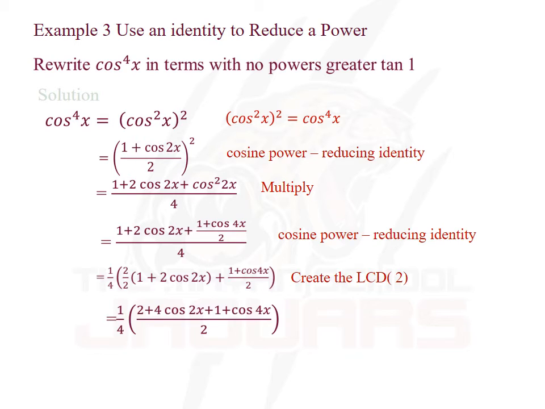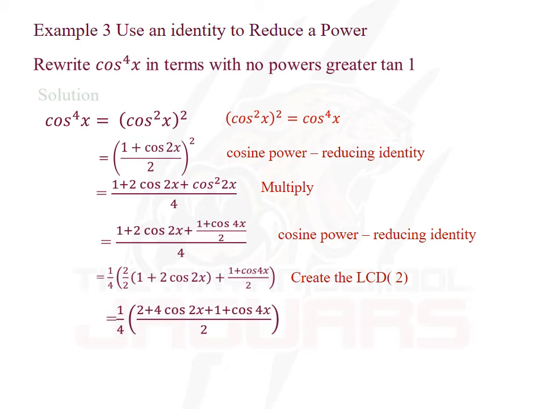So this becomes 1 over 4 times, when I multiply by the 2 the expression in parentheses, 2 times 1 is 2, 2 times 2 cosine of 2x is 4 cosine of 2x, plus 1 plus cosine of 4x. That is the expression that has the denominator 2, and all this is over 2. And finally, you notice that the power 4 has been eliminated.